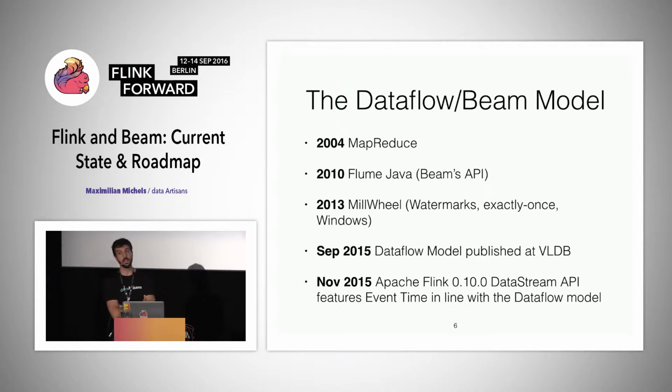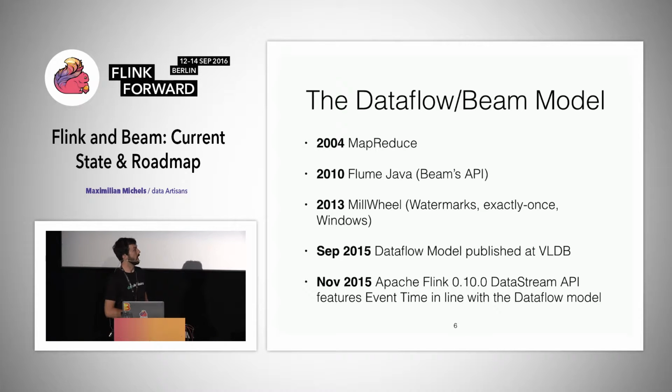In Flume, this is mainly the API with the PCollections that has made it into Beam. In MillWheel, it's the watermarks, exactly once, the windowing and triggering that is part of Beam. And all this was compiled in a paper in September 2015 and published at VLDB.